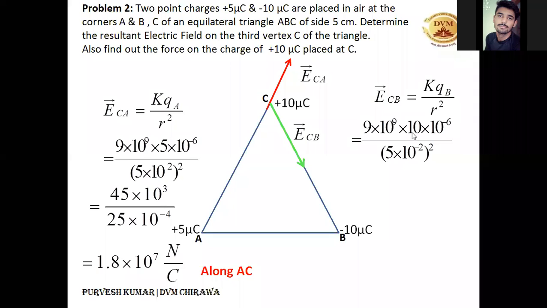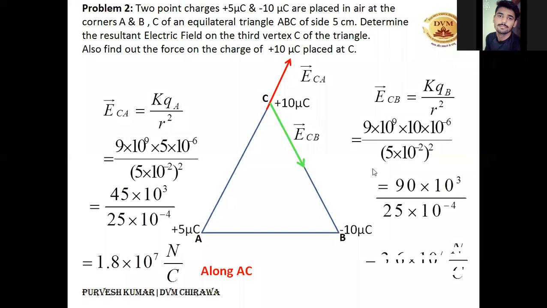Again, I am telling you, we need not write this minus sign in the magnitude of QB, because the minus sign gives us the direction only, that is towards the negative charge. So no need to write the minus in this QB. Solving it out, you will find it as 3.6 into 10 to the power 7 Newton per coulomb. So this is the electric field at point C because of the charge placed at B.